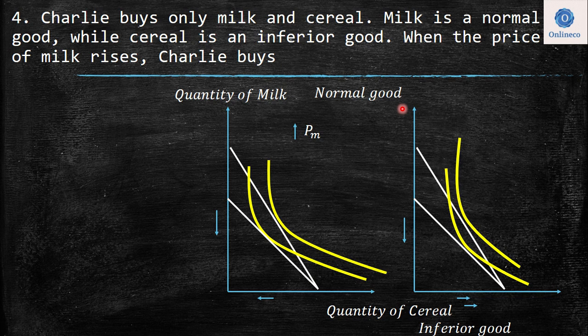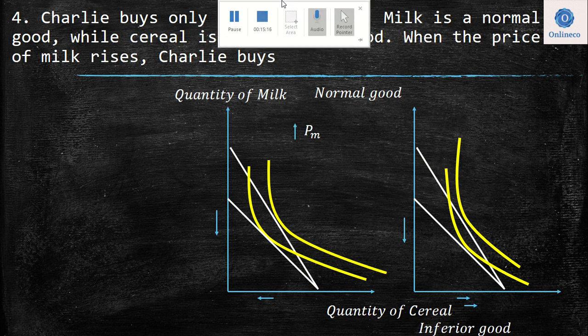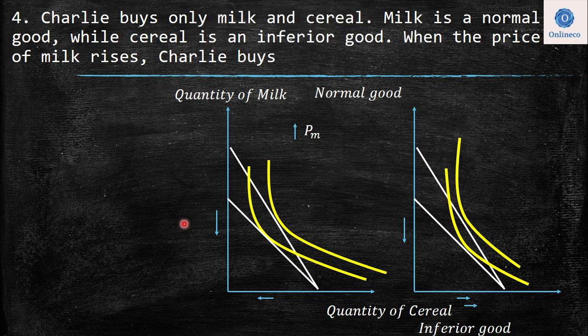It means that when the price goes up, the consumption goes down. With an inferior good, when you have higher income, you will start to consume less. Then when we have an increase in the price of milk, the budget constraint changes slope, it gets flatter, and this should be the new budget constraint.